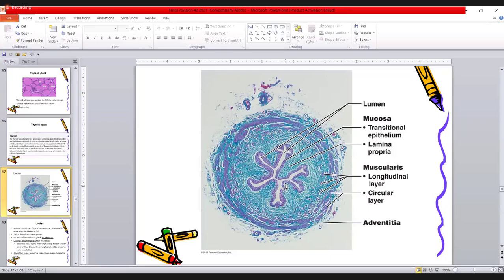Then the mucosa. Reasons, so there could be more than one reason. Okay, shape of the lumen, the star shape, yes. The mucosa is what? Transitional epithelium. Yes, and what about the lamina propria?